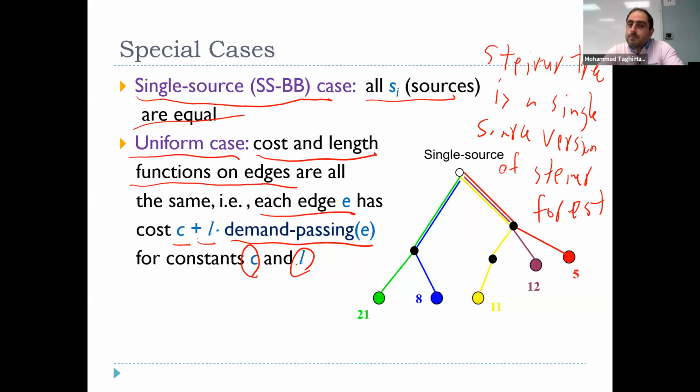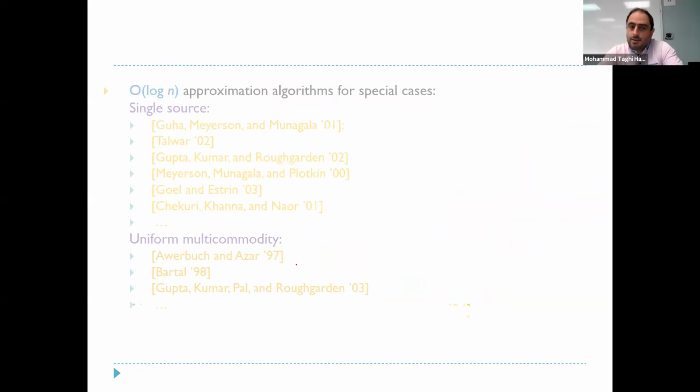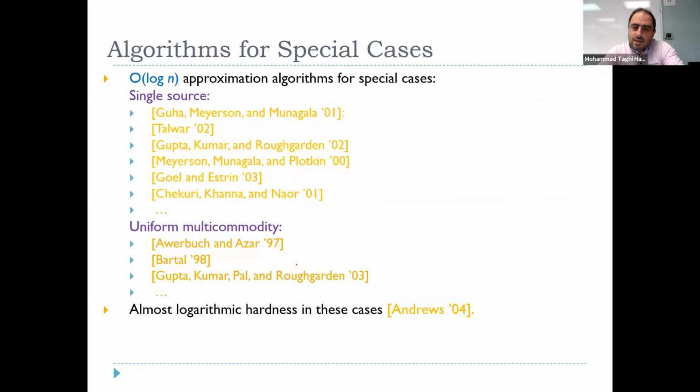Single source also, the problem was known. So this is essentially what was there. There's a log n approximation for some special cases. So for single source, there are these papers, each of them, like this understanding that I have mentioned about buy-at-bulk, F of E, etc. This has happened in a series of papers.